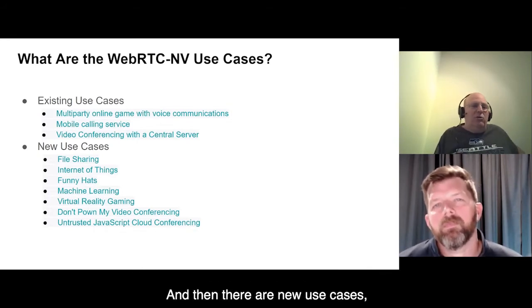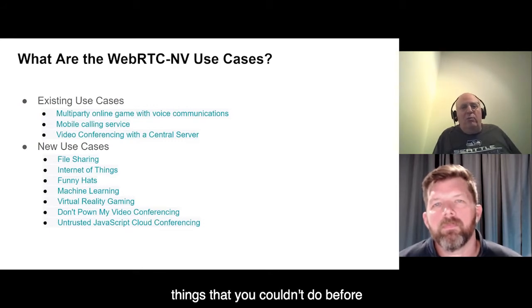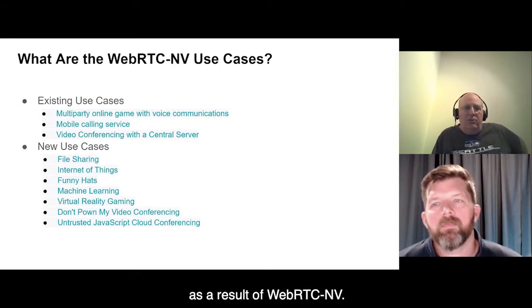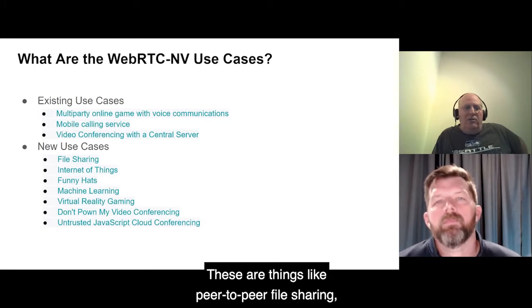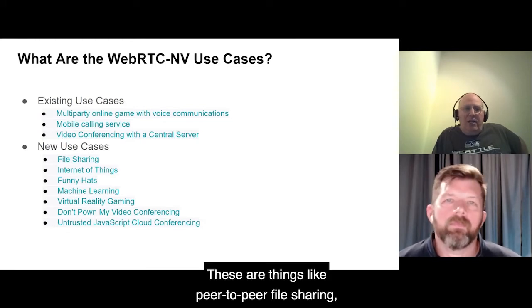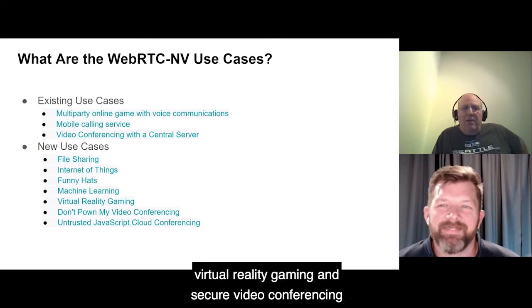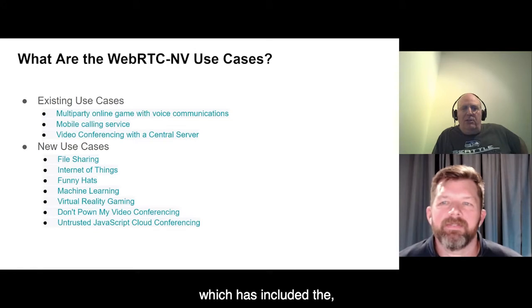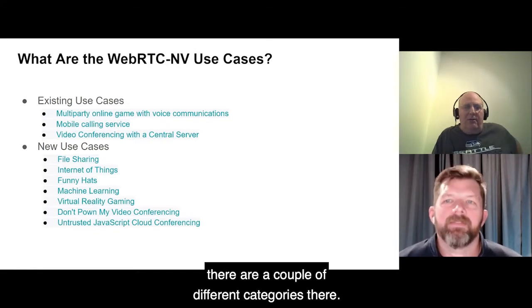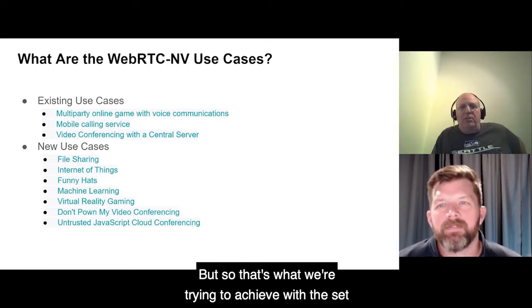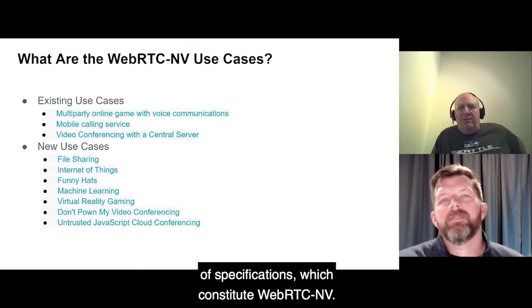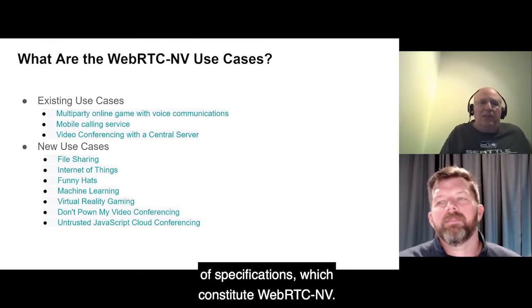And then there are new use cases, things that you couldn't do before that we hope you'll be able to do as a result of WebRTC-NV. These are things like peer-to-peer file sharing, Internet of Things, funny hats, machine learning, virtual reality gaming, and secure video conferencing, which is included. There are a couple of different categories there. But so that's what we're trying to achieve with the set of specifications which constitute WebRTC-NV.